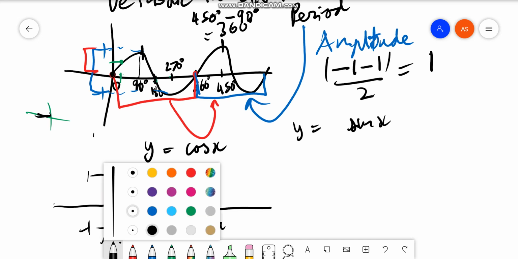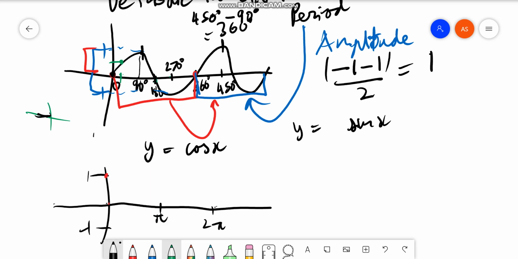So cos 0 is 1, cos pi over 2, cos 90 is 0, and then cos pi, cos 180 is -1.